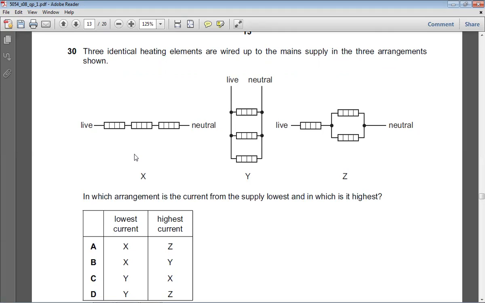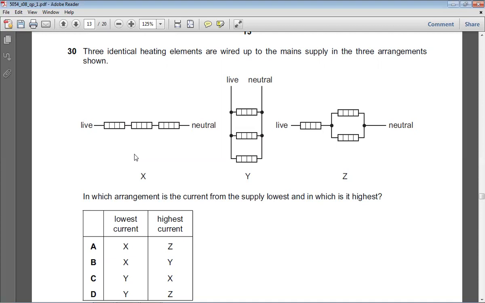So in that case, the current will be lowest. So the lowest current will be in X. In the Y case, the elements are connected in parallel, and whenever you connect resistors in parallel, their combined resistance will be very low.